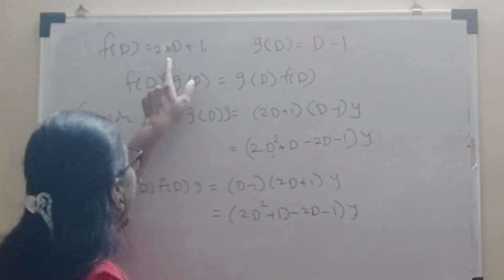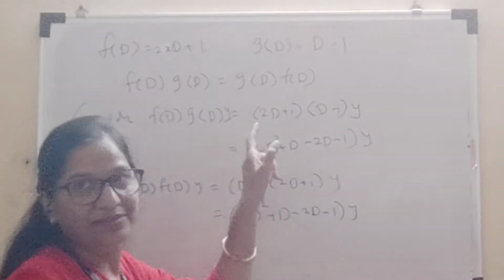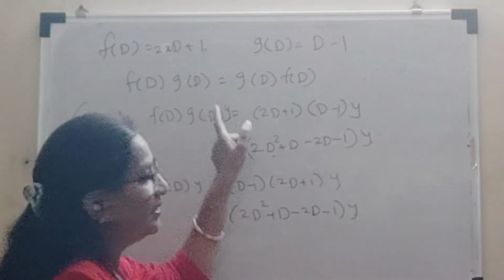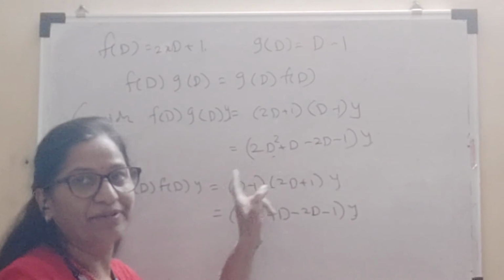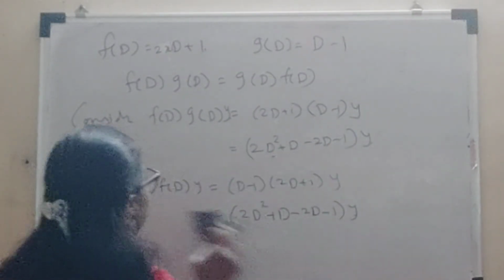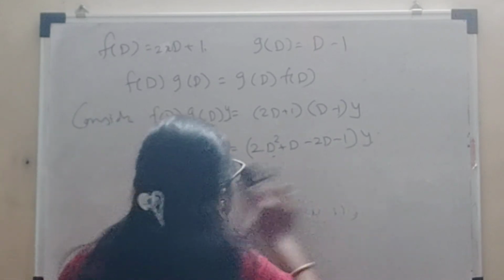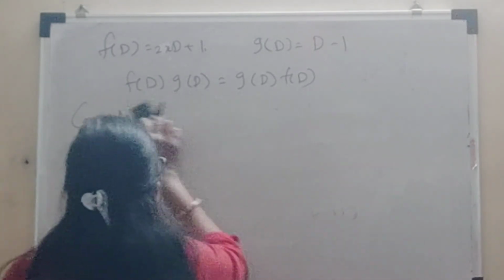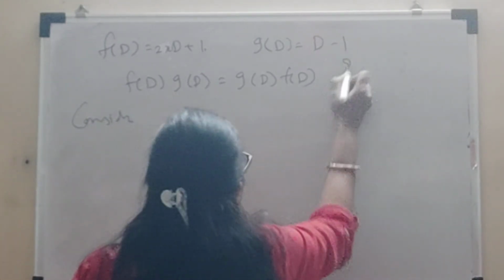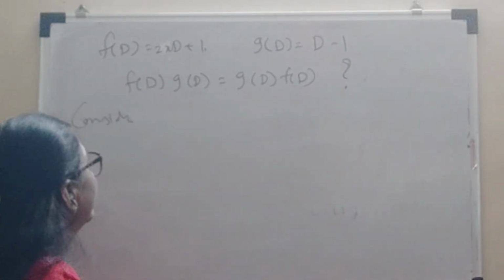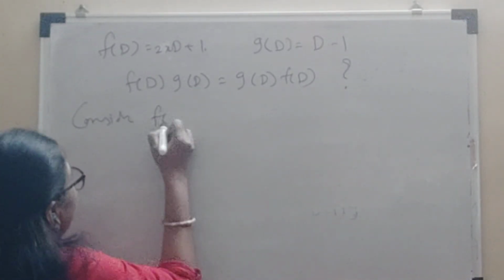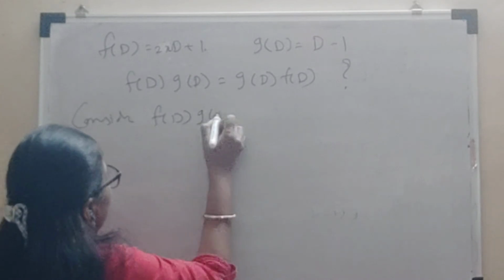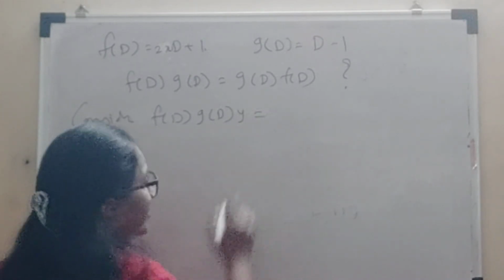So if I add the variable x here, or we may say the constants are functions of x, not arbitrary constants, we'll check whether it is true or not in this case. So consider f(D) into g(D) operates on y.